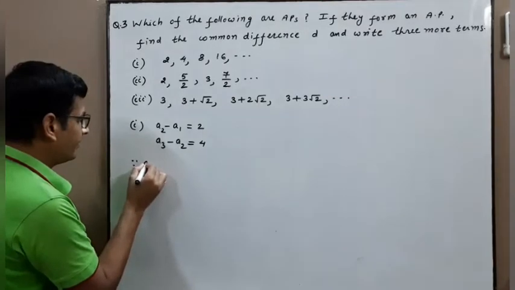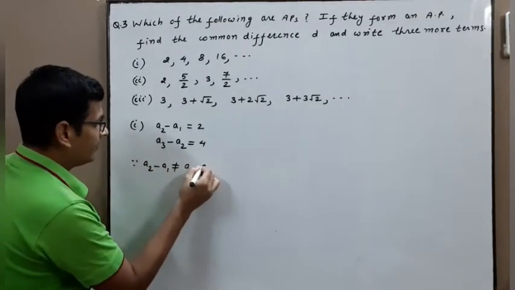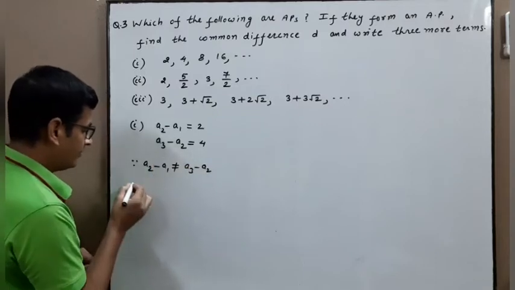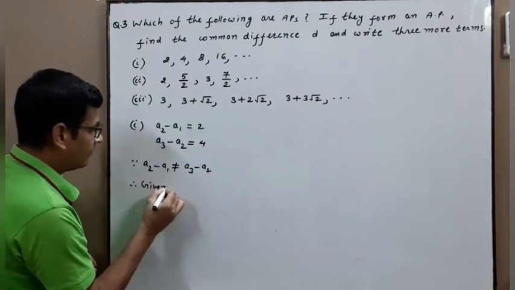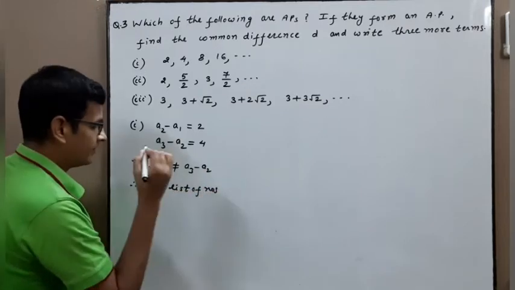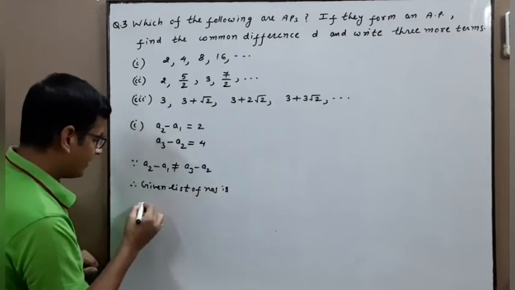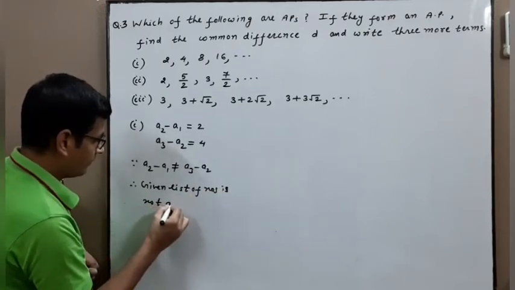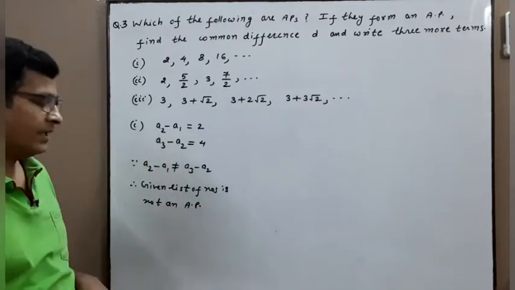Since A2 minus A1 is not equal to A3 minus A2, therefore the given list of numbers is not an AP.